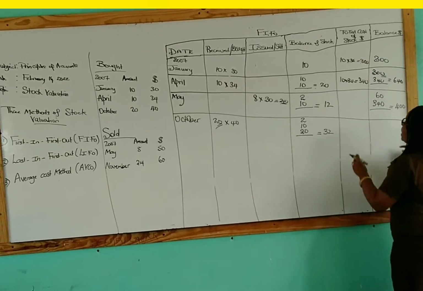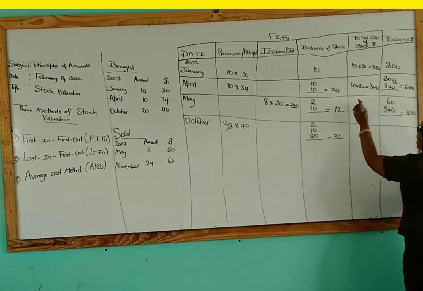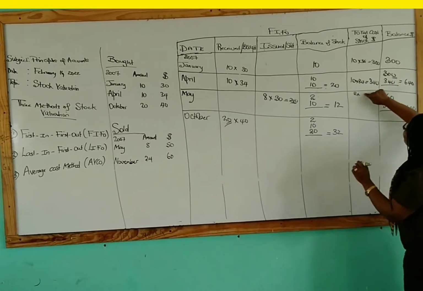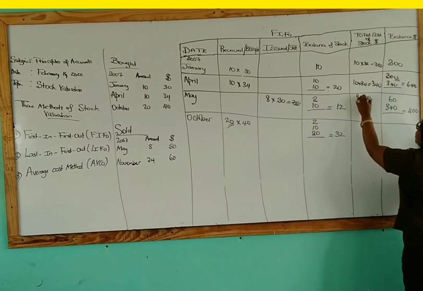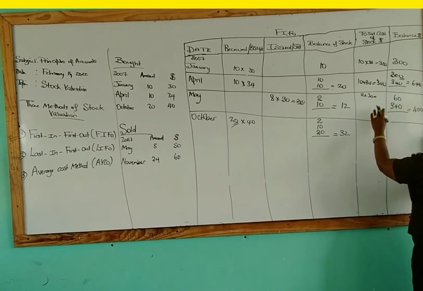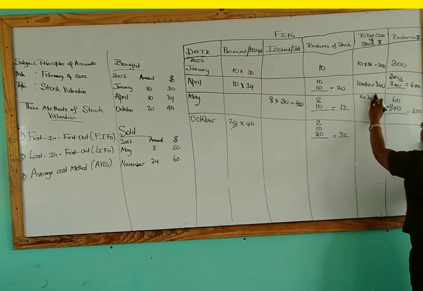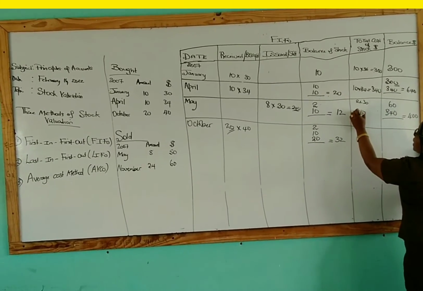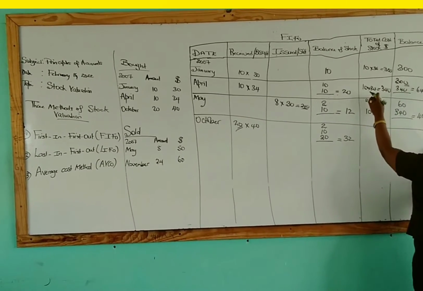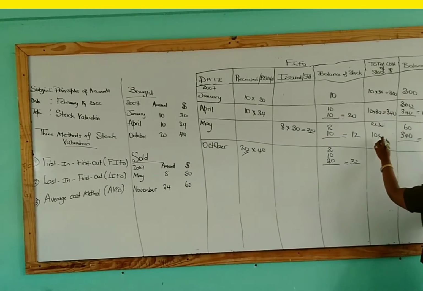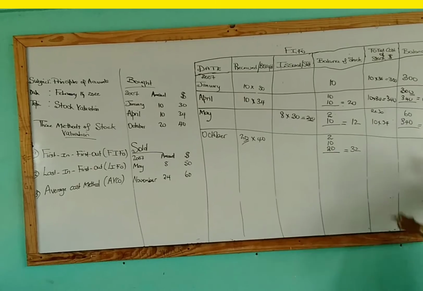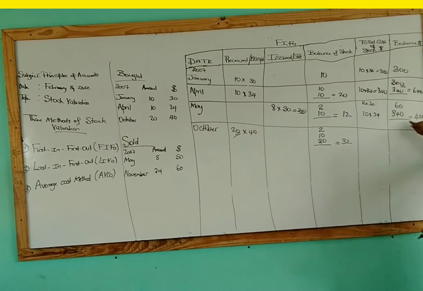That is how I get that. And to get the $60, 2 times the price, which is 30, equals 60. And 10 times 34, I bring that down to get the 340. So when you add them up, we get that 400.